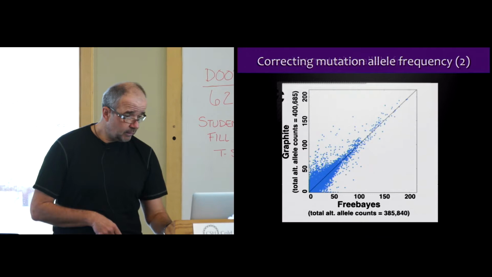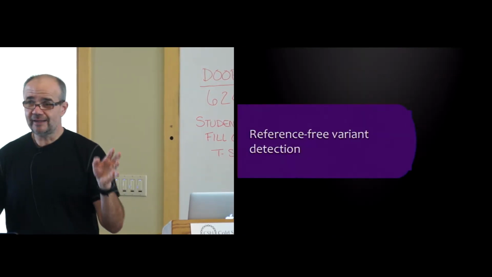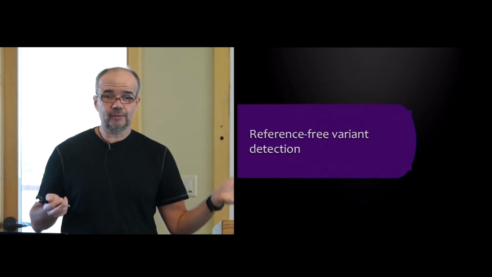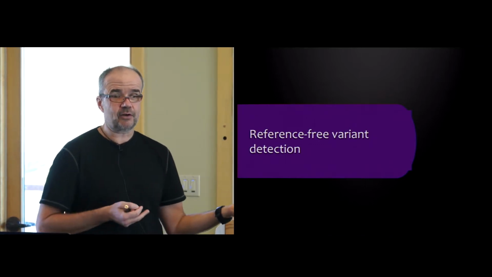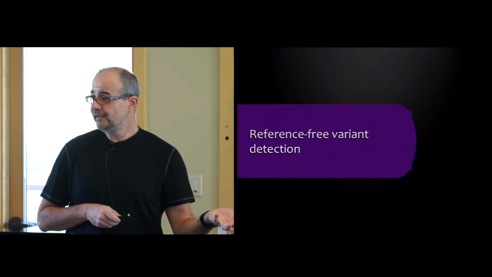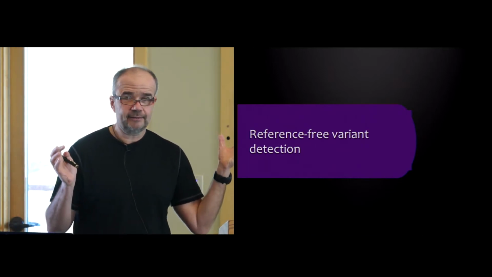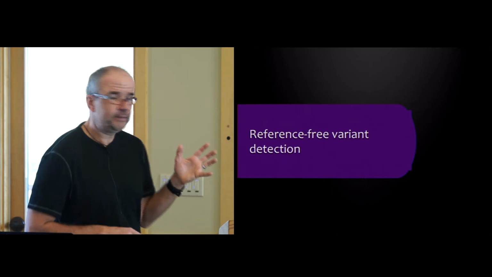So now, take this to the next level. Using the graph still requires that you know what that allele is so that you can put it in the graph. But some variants are just very difficult to detect, so we have to deal with that too.